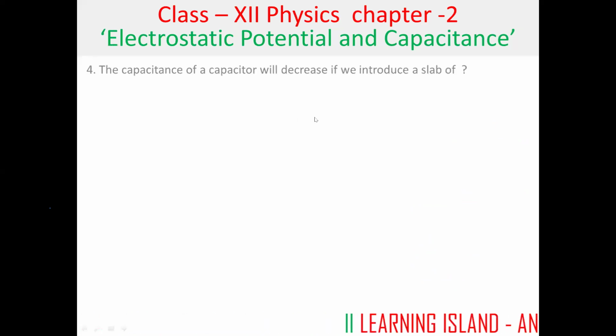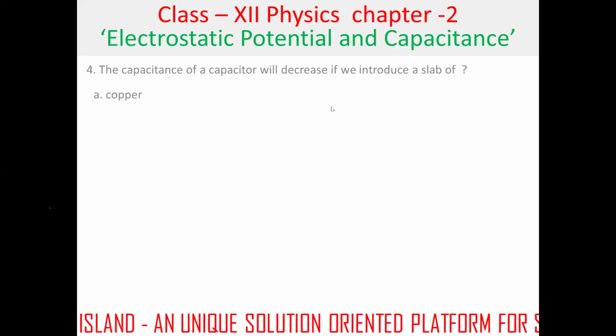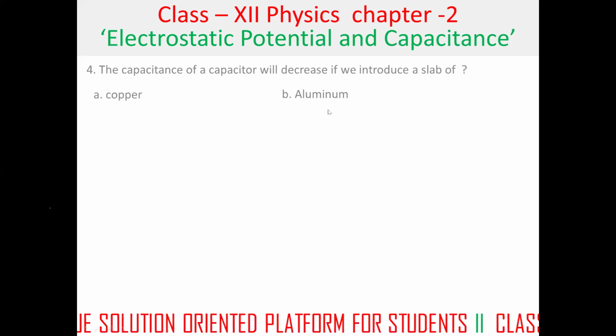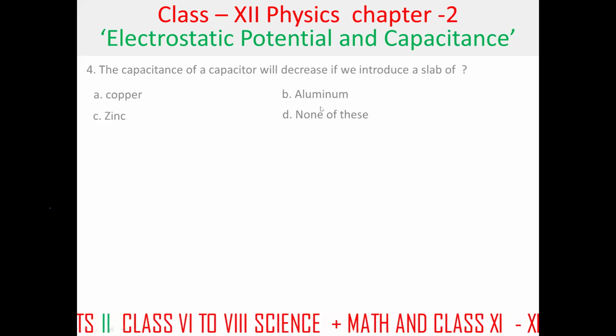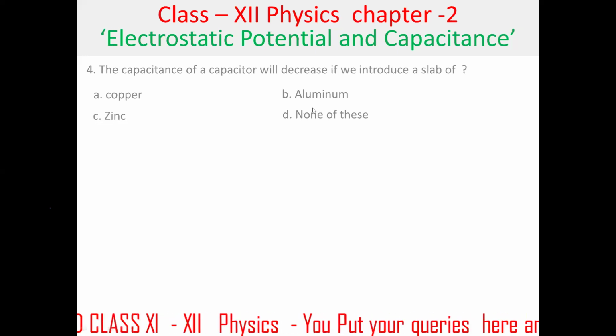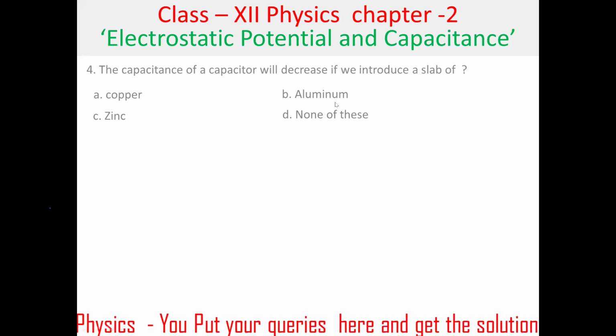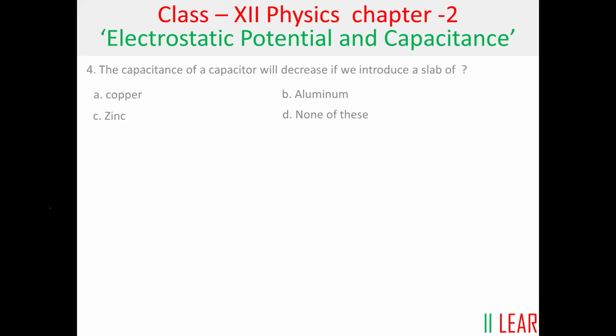The question is: the capacitance of a capacitor will decrease if we introduce a slab of copper, aluminum, zinc. None of these. It is very easy, because we should insert a dielectric material, not a metal, to increase the capacitance of the capacitor.